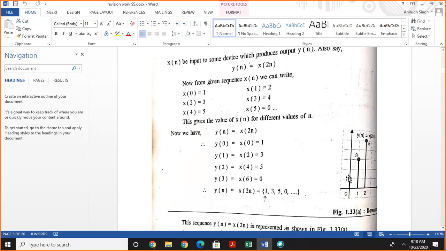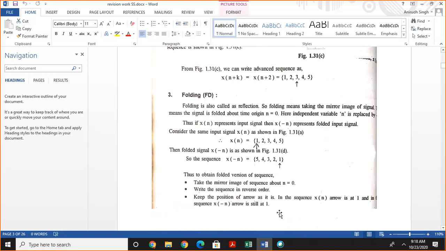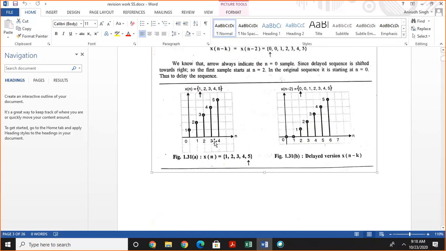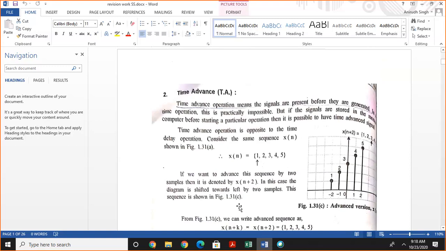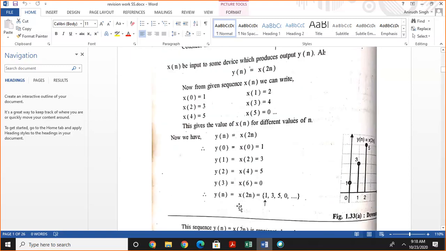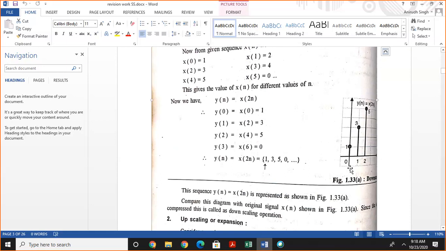And we can draw this sequence like this: 1, 3, 5, and the original signal is the same signal 1, 2, this. So we see that the signal is compressed in this case.